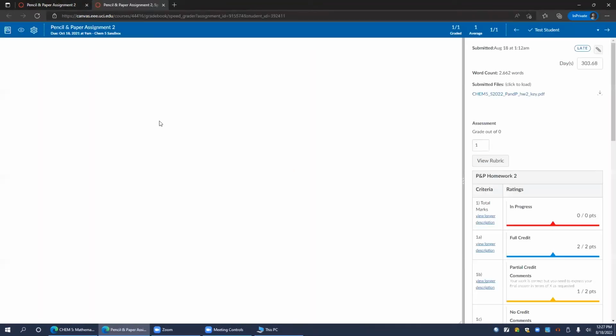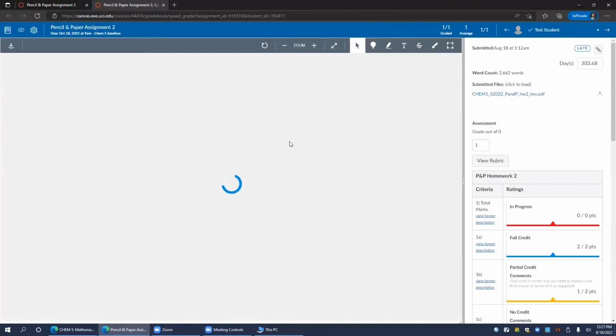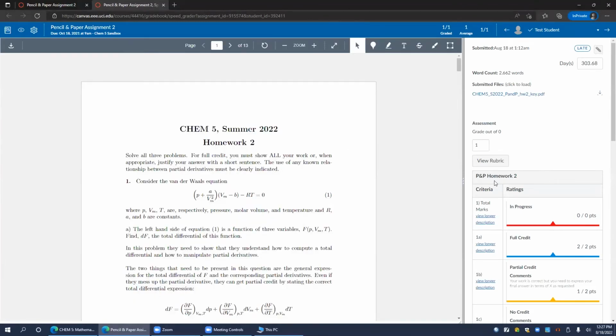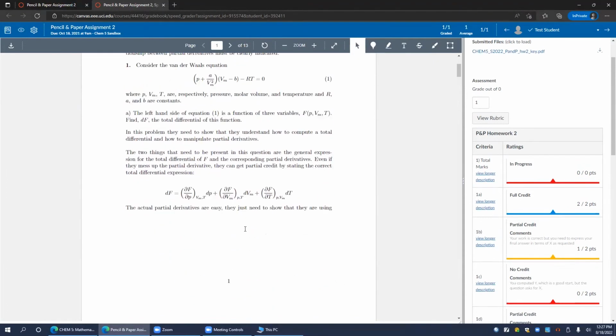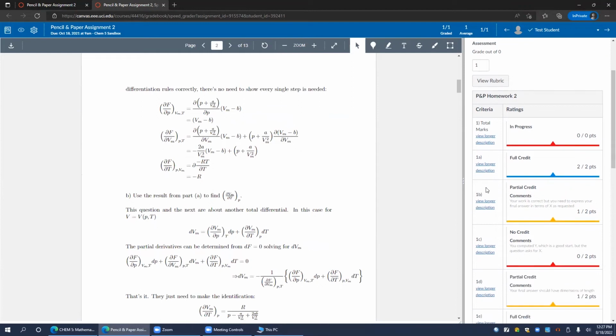Because it's PDF, it's easy, we can just look at it in SpeedGrader, and we open the rubric next to it. We look for the problem.